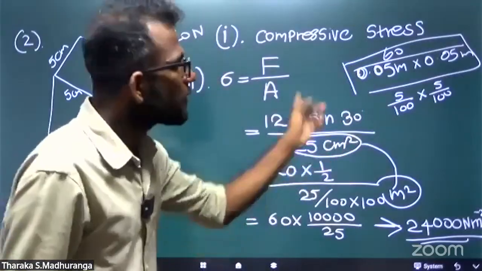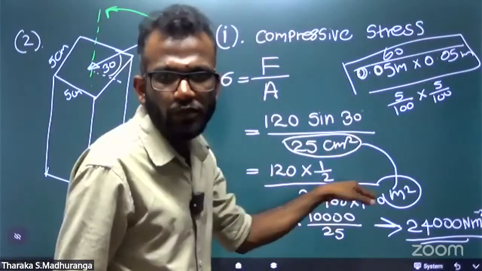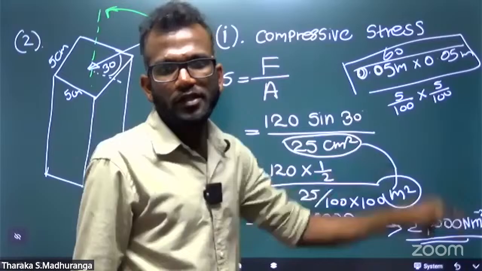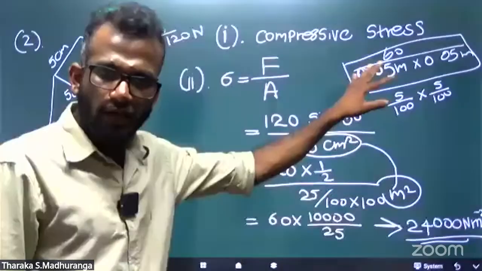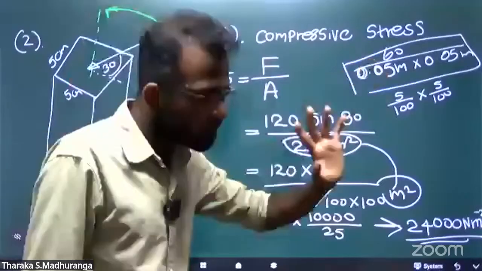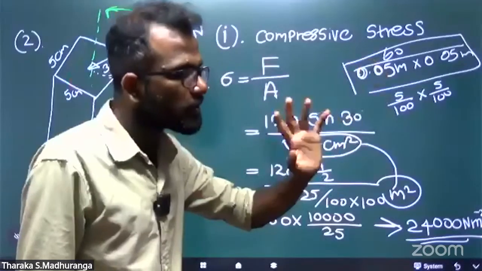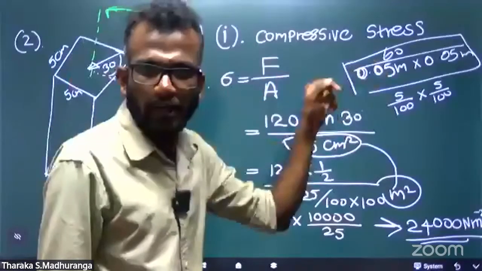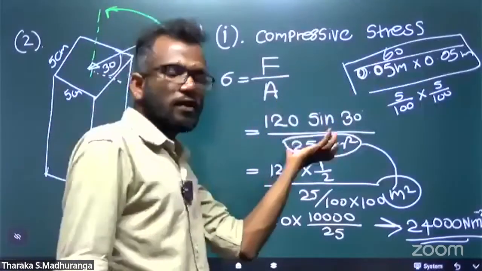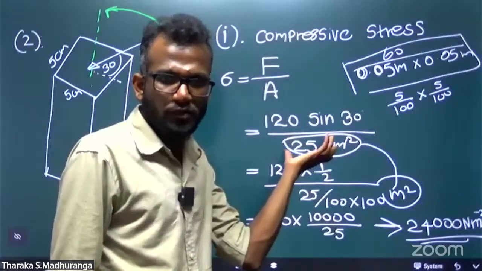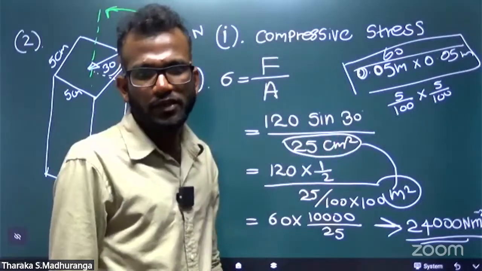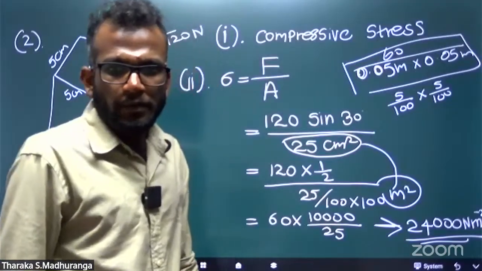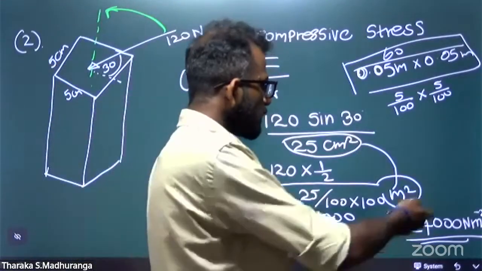The same thing I did. 5 into 5, 25, I divided it by 10,000. If you want, first of all you can take one side length in meter, then multiply to get the area. If not, you can get the area in square centimeter or whatever unit, then finally convert into square meter. Both methods are the same. Okay, then the answer is 24,000.